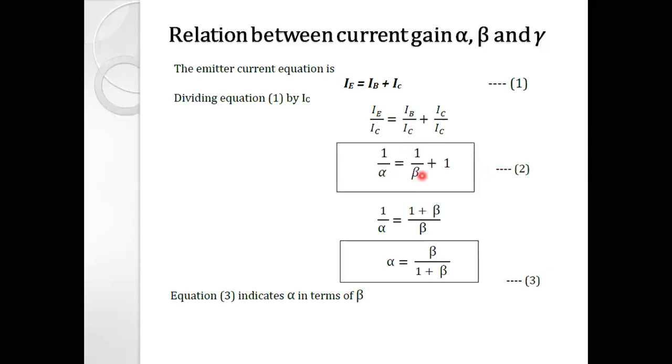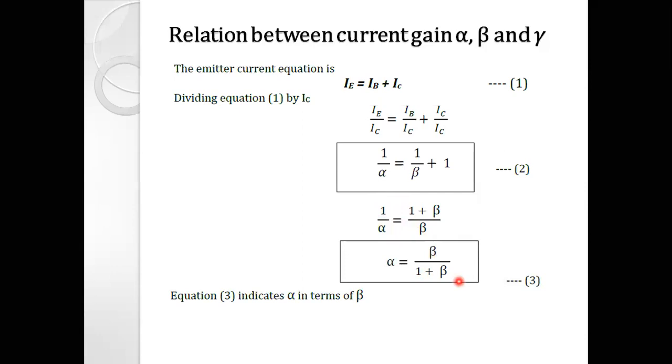On the right hand side, by taking beta as LCM, we can further simplify equation number 2 as alpha is equal to beta divided by 1 plus beta. So here you can see that beta is taken as LCM, and then after dividing, we get alpha is equal to beta divided by 1 plus beta.